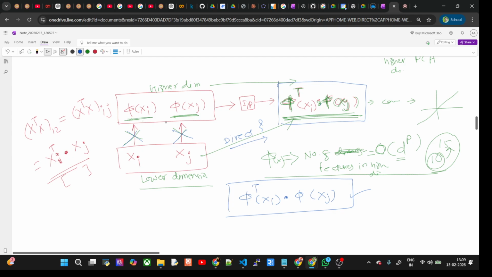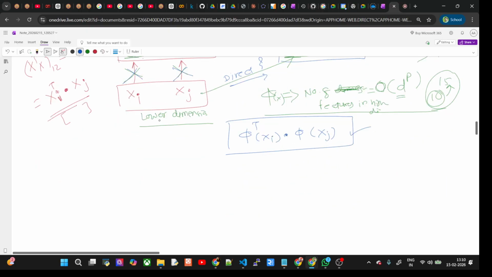If you have d equal to 10 and p equal to 15, then 10 raised to 15 is huge, so it's time consuming and not a preferred way of calculating phi.